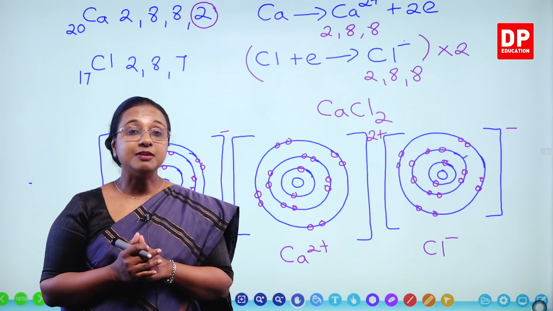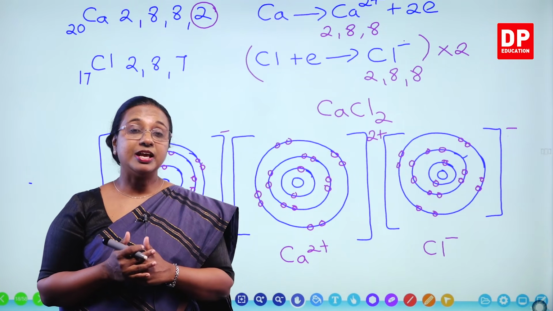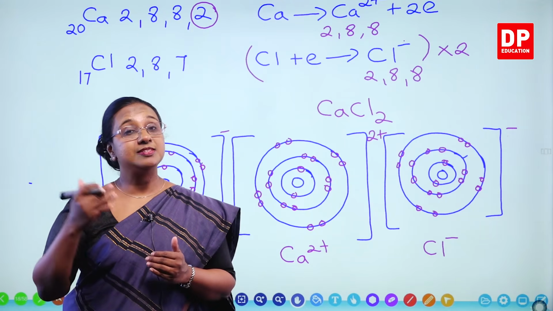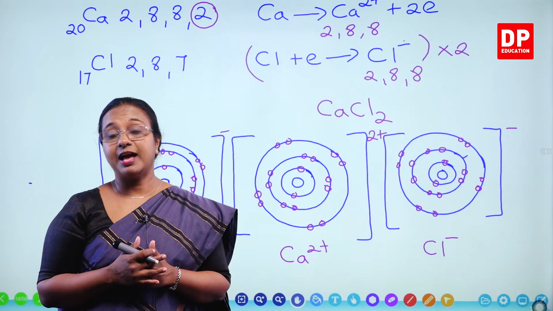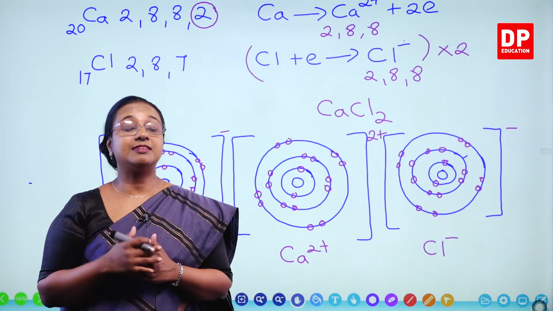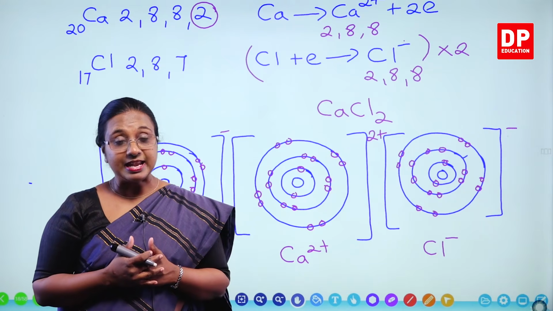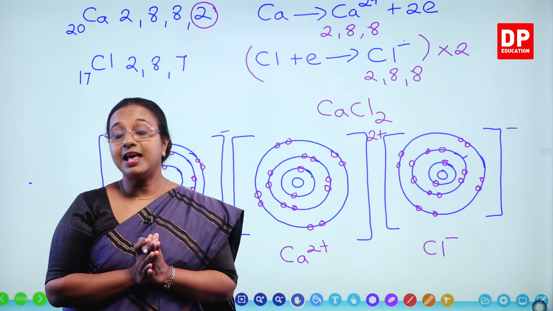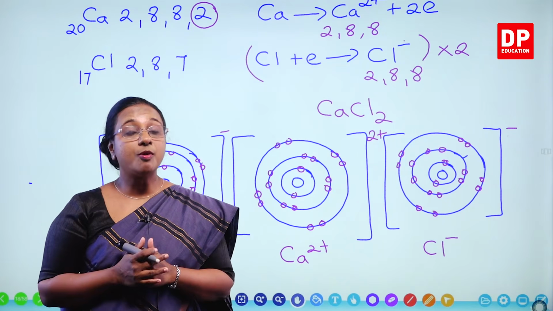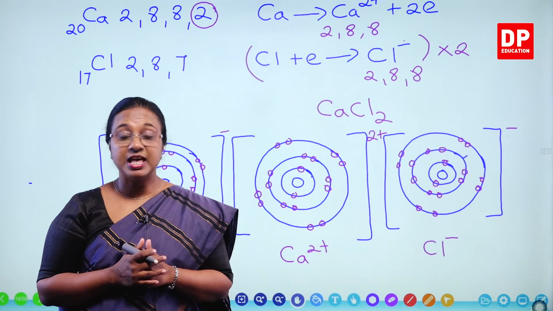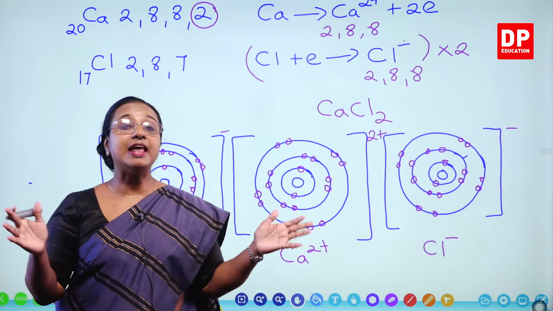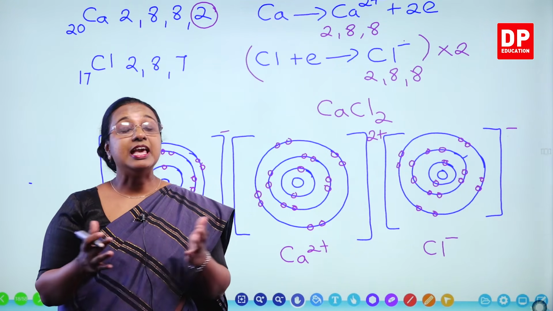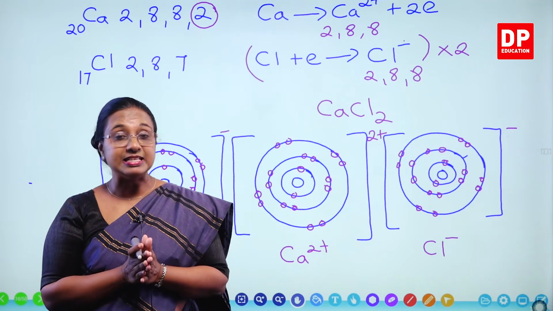So in an ionic bond, the less electronegative atom loses electrons and forms the cation, whereas the more electronegative atom gains the electron and forms the anion. And the electrostatic interaction between the cation and the anion leads to the formation of ionic bonds.